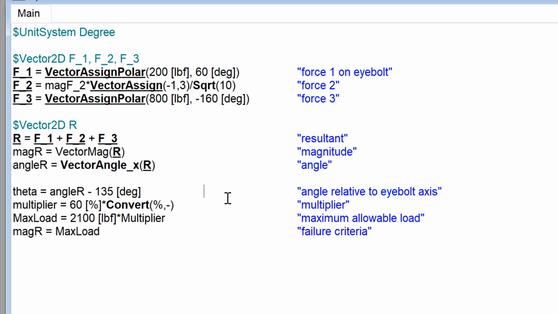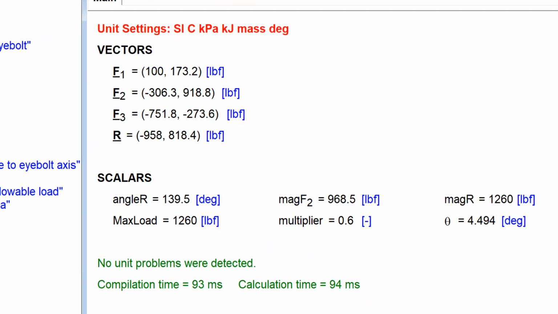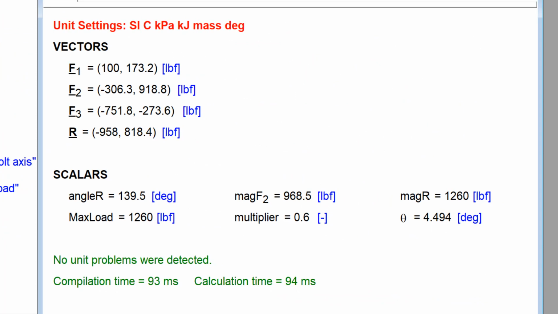Now if I solve, what I should find is that EES is adjusting this variable until this equation is met, and it turns out that the magnitude of F2 of 968.5 pounds force is just where we hit our failure criteria. And our angle is still under 30 degrees, so our multiplier is still good, so we don't have to worry about that.